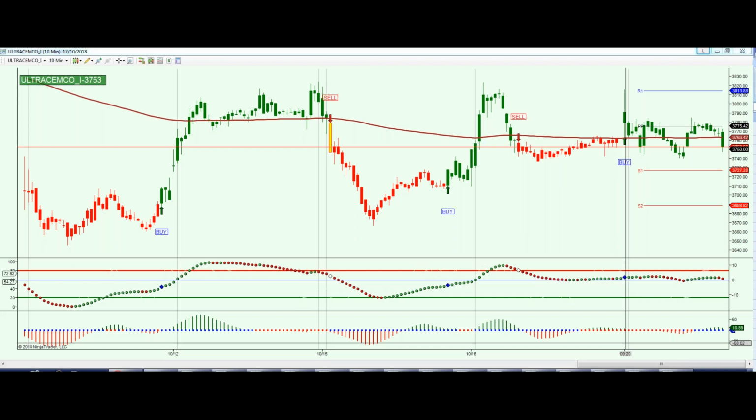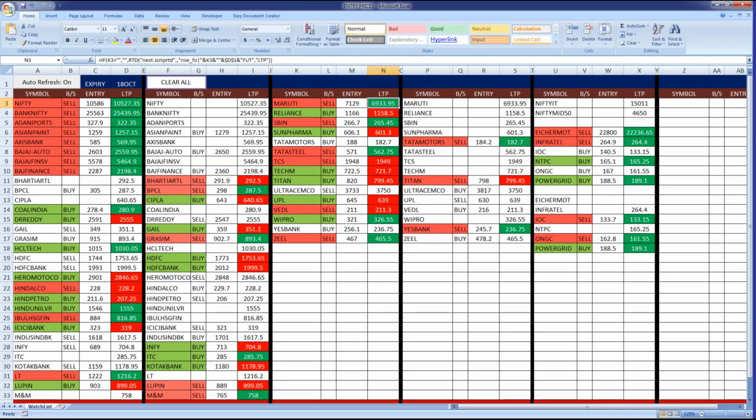So I have a call in ONGC, a sell call. It's still continuing. The reason why it's again a sell call is I have two charts: a short-term chart which is 10 minutes and a long-term chart which is 30 minutes. In the short-term chart at 162.80, it already triggered and it is in profit.